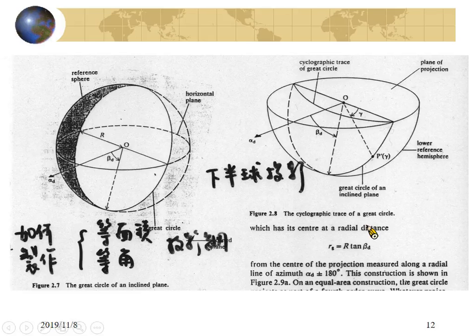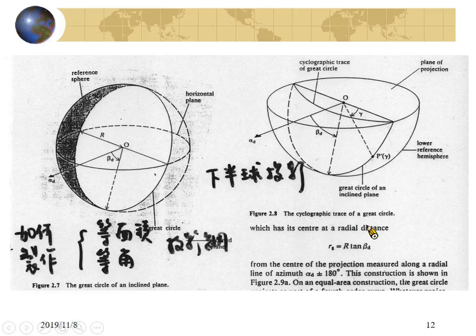The so-called projection, we are trying to project this circle onto the horizontal plane. Okay? How to make the projection? We are talking about two possible projection ways. The first one will be the upper spherical projection.